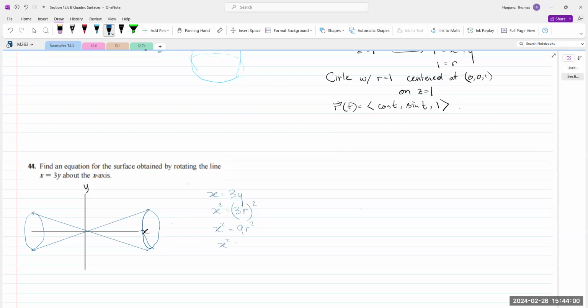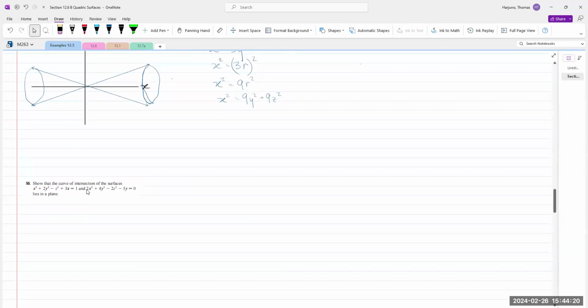And this is x squared equals 9y squared plus 9z squared. Okay. That's for number 44. And then number 50.